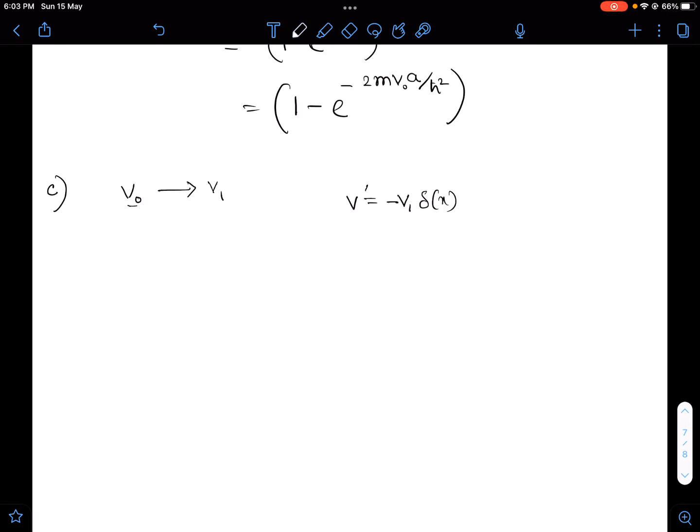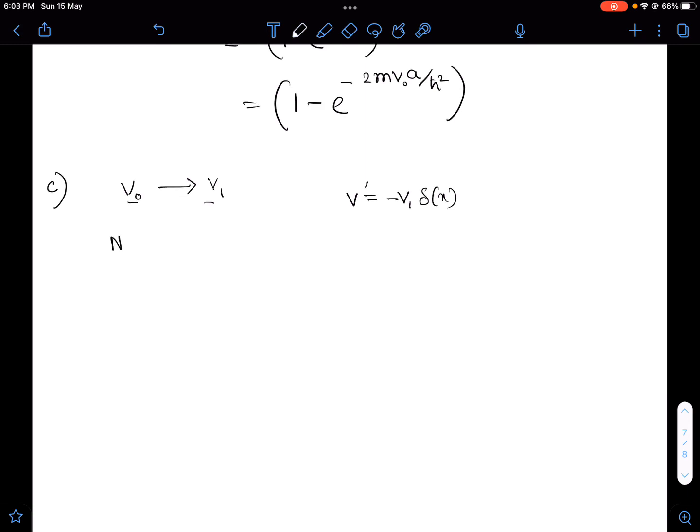So if V0 is changed to V1, we will have the new wave function. If the particle remains bound, then the new wave function, obviously a bound state, let us denote by psi 1.